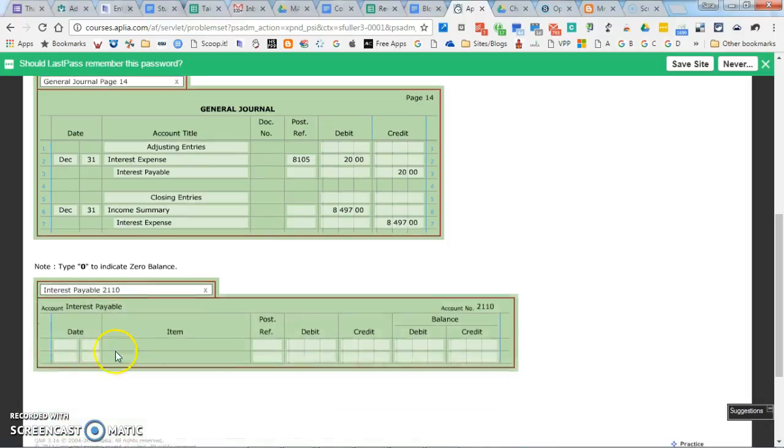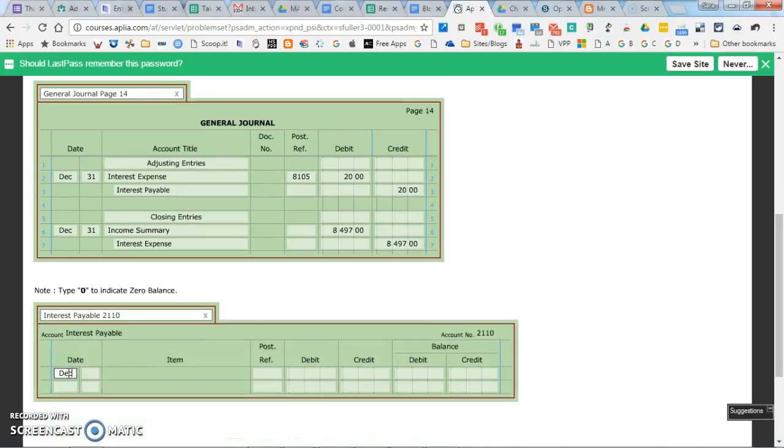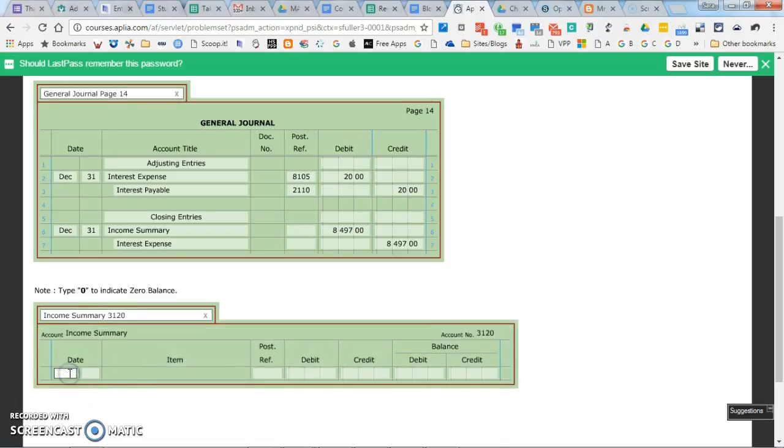Next we need interest payable. So December 31st. Reference is G14. Credit of $20. Credit balance of $20. Post reference 2110. Okay, next we have income summary. December 31st for our date. Post reference is G14.